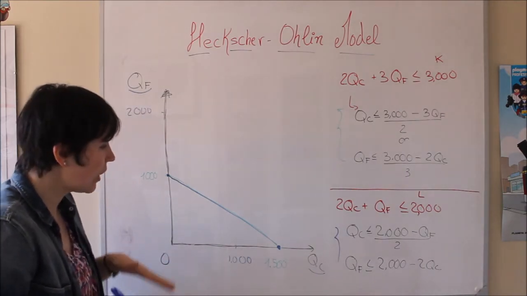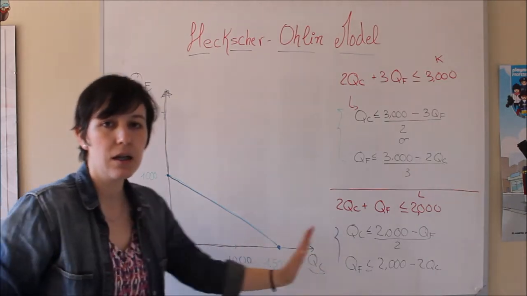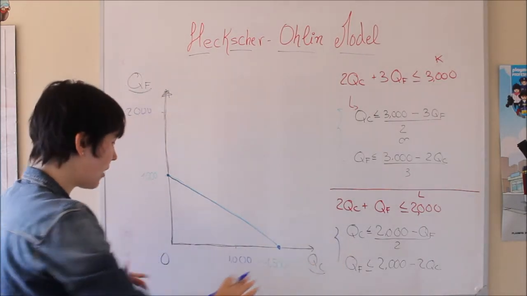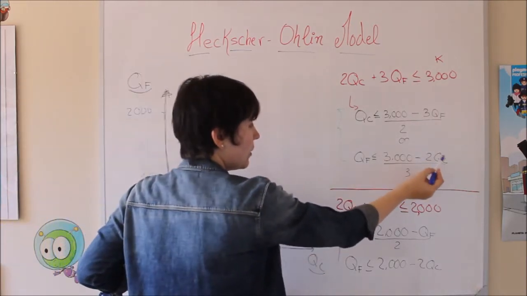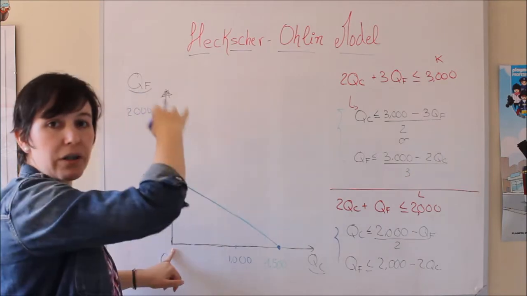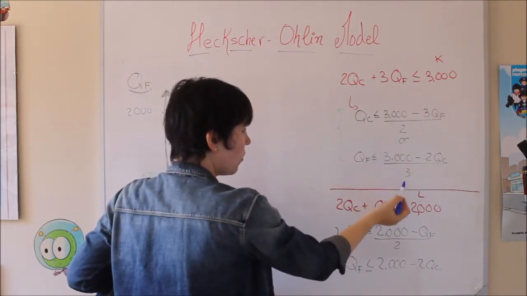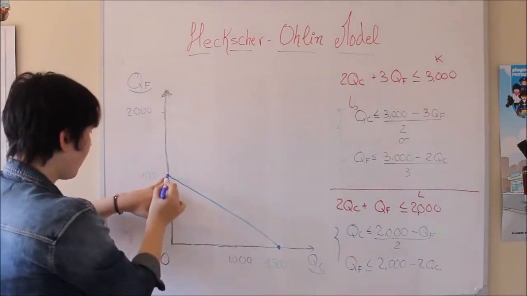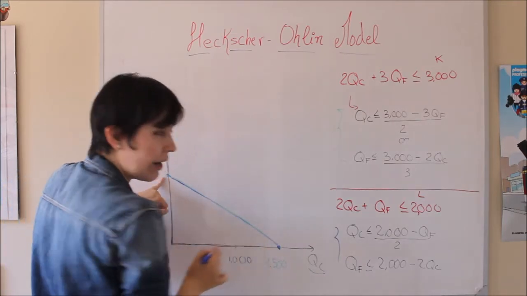Now the next point is when this is 0, because this is in the horizontal. 0 is not on the right side, neither on the left side, it's just here. So when this is 0, we are going to have a point just in the vertical, which is going to be 3,000 over 3 is 1,000 here. Once I have this point and this point, I just have to make this line.